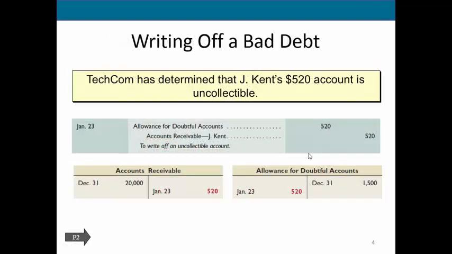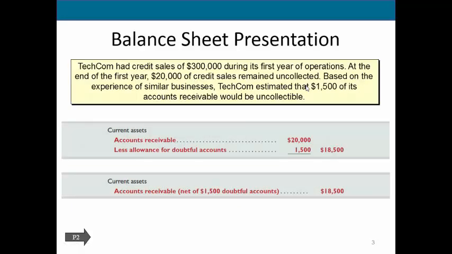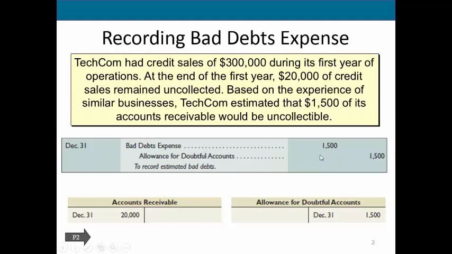So what happens when we find out that we actually are not going to get a specific account? This is now no longer an estimate. Remember, we had originally booked our estimate, let me go back 2 slides, that in total we expect we're not going to get $1,500 of these accounts receivable.